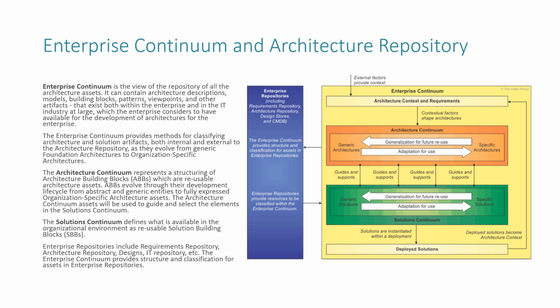Architecture continuum and architecture repository. The architecture continuum provides the methods for how we classify the architecture and solution artifacts. Generally, when we start working on some architecture, we might get some generic architectures from the industry, and then we adapt those generic architectures to the organization-specific architectures.